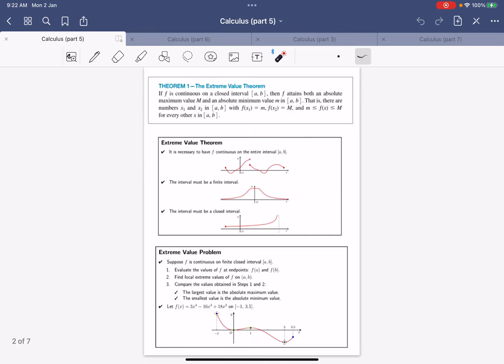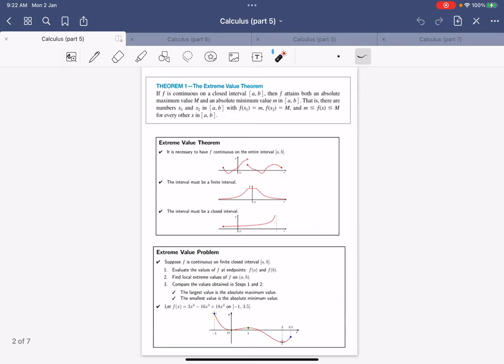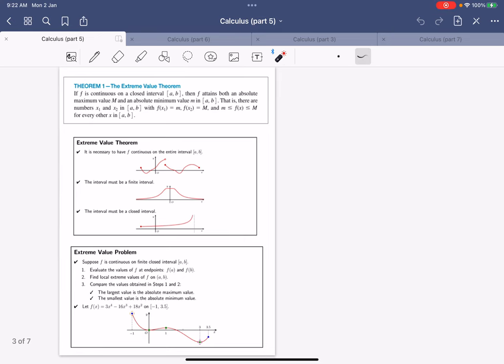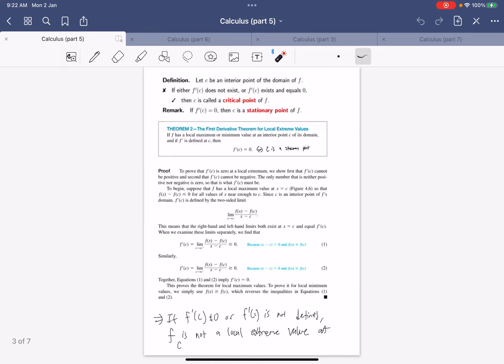And that is why when we look for the absolute extreme value, we can test these local extreme values by just finding points where the derivative is 0 or does not exist, meaning we can change it to finding critical points. And then we just compare which is the largest to determine the absolute.